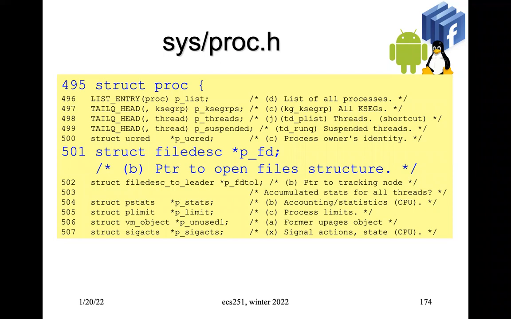You can see that within a single process, they have multiple threads. And then they have something called a KSE group. Essentially, when a thread maps to a hypervisor, it is going to be assigned a KSE. KSE stands for kernel schedulable entity.